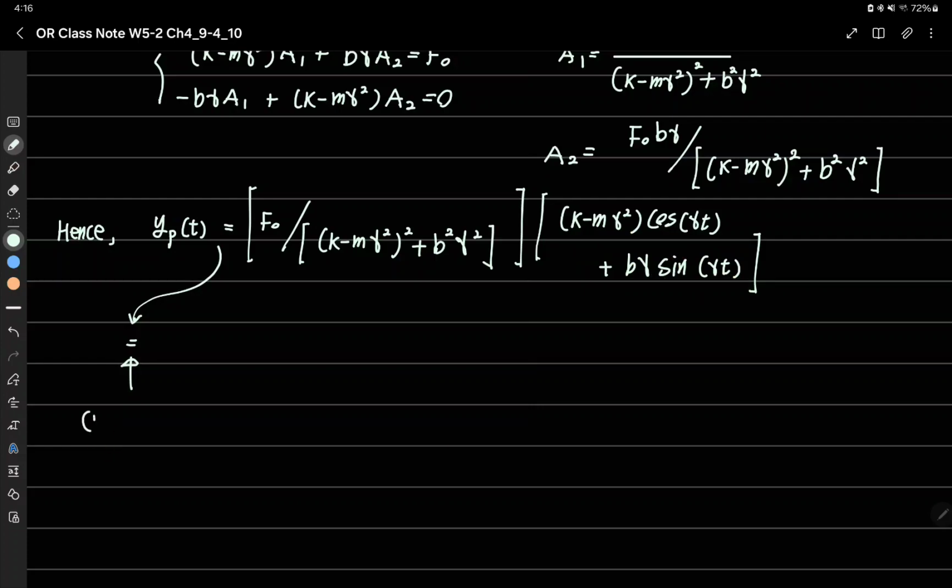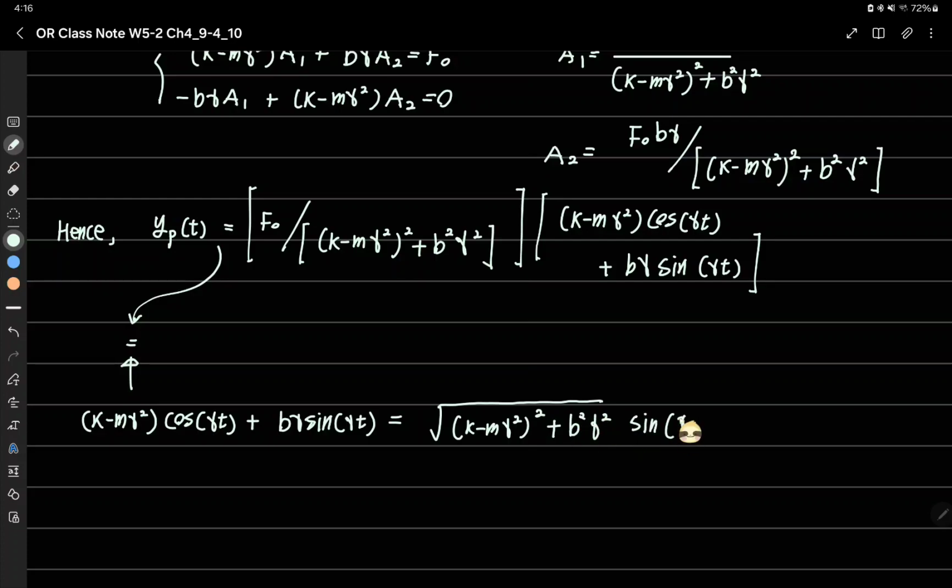So (k minus m gamma squared) cosine gamma t plus b gamma sine gamma t is equal to the square root of (k minus m gamma squared) squared plus b squared gamma squared, times sine of gamma t plus theta. We can say that. So this is the phase angle, this is the frequency, and this is the amplitude, right? So we did that.